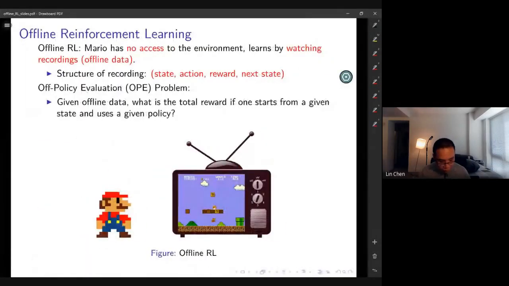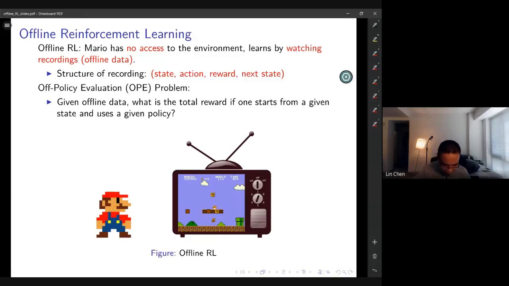But in offline reinforcement learning, the setup is a little bit different. Mario has no access to the environment, so he cannot be in that very interesting environment and interact with it. But he can learn by watching recordings, which is called the offline data.